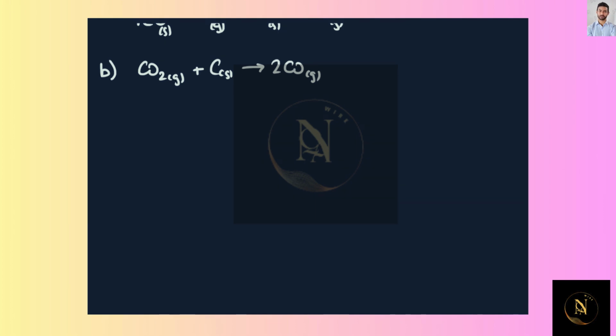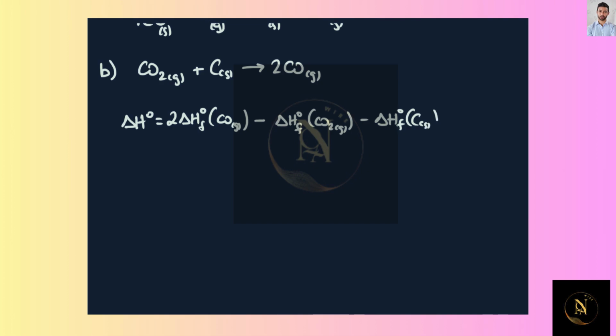calculate delta H naught. Delta H naught would be equal to the enthalpy of formation of CO gas, that would be 2 there, minus the enthalpy of formation of CO2 gas minus the enthalpy of formation of carbon solid.